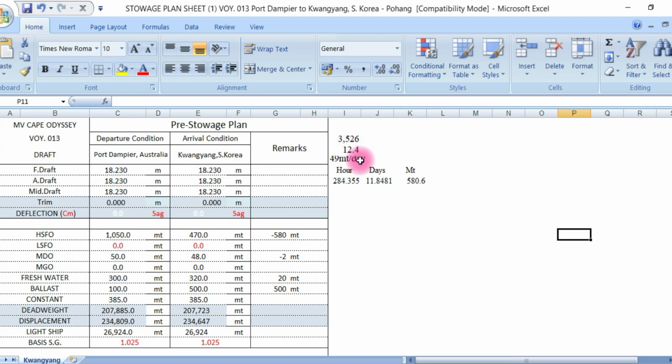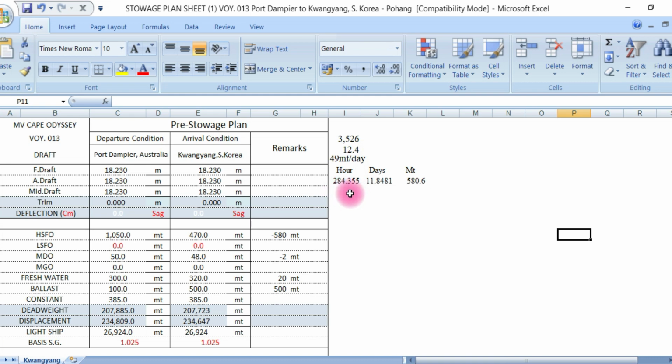Now, travel time from Port Dampier, Australia to Gwangyang, South Korea: the distance is 3,526 with a laden speed of 12.4. How long will it take to reach Gwangyang? 3,526 divided by 12.4, you will get 284.35 hours.